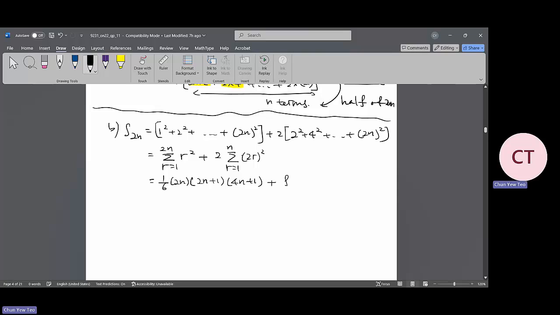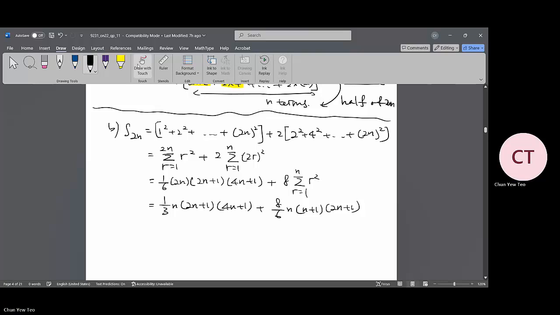For this one you can factorize the 2 square out, you get 8. Simplify it, you get this as 1/3 n, 2n plus 1, 4n plus 1. This one you get 8/6 and n plus 1 and 2n plus 1.